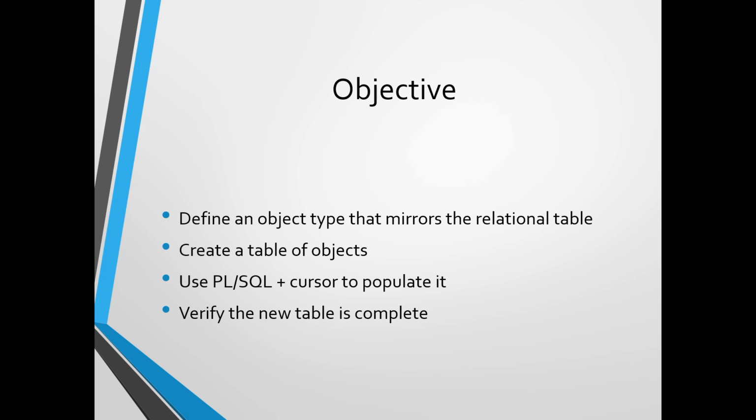Those 120 records need to be processed and converted into the object that we are newly defining. Once we convert each row into the object, it needs to be inserted into the newly created table to store that object information. At the end, we have to review the original table count and the newly inserted object table count. If both are equal, we have successfully migrated the records from the relational table to the object table.